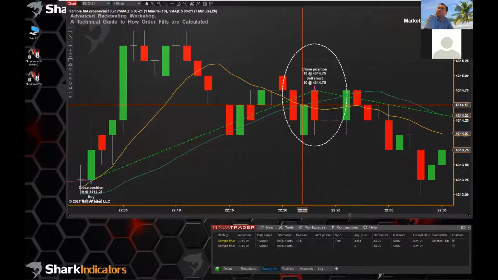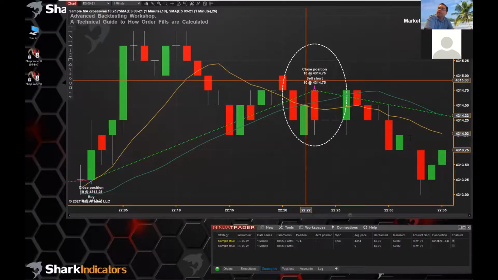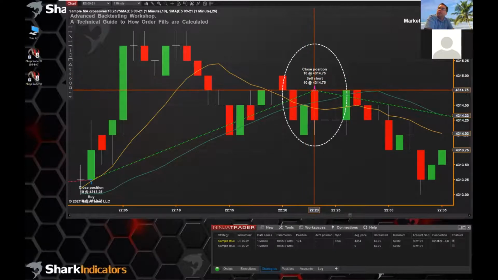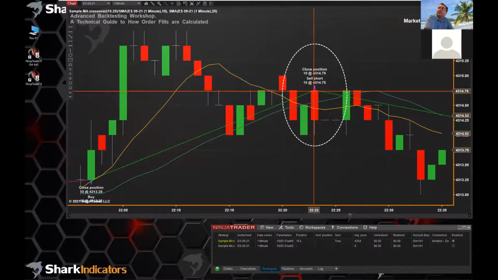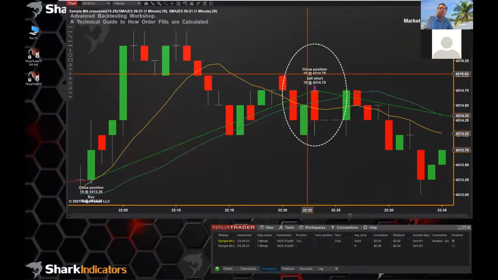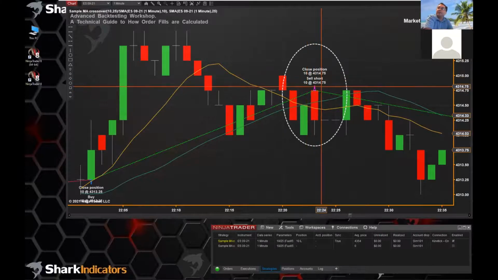So 20 contracts at that one price, the ES can probably handle 20 contracts all at one price, but other instruments that are traded a little more thinly, you're probably going to get some slippage trying to push 20 contracts out into the market.